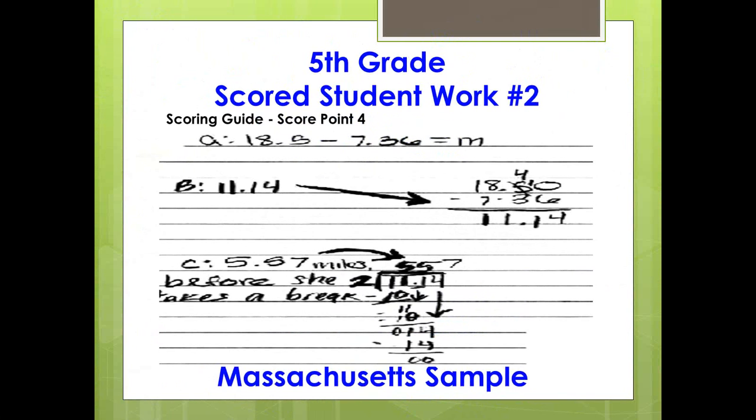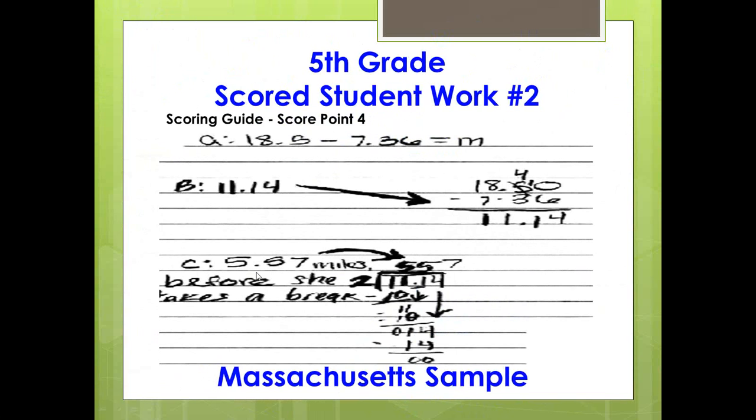Another student scored 4 points but did not provide as much work, but they still were able to come up with the answer. Part A, same thing as 18.5 minus 7.36 to find the number of miles that were left. They came up with 11.14 with their work shown of how they came up with those remaining miles.